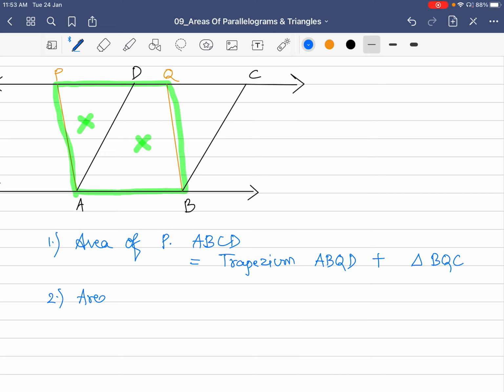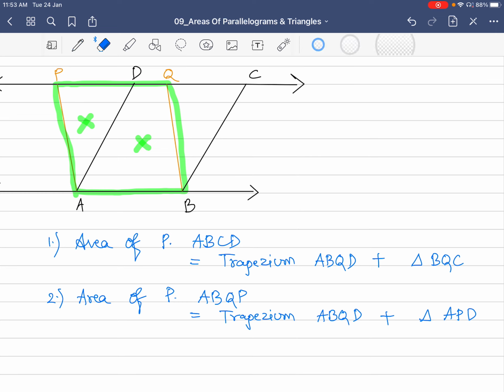Secondly, area of parallelogram ABQP is also equal to trapezium ABQD, the same trapezium ABQD, plus triangle APD. So it is also trapezium plus the triangle. Now once again, let's remove this highlighted thing.